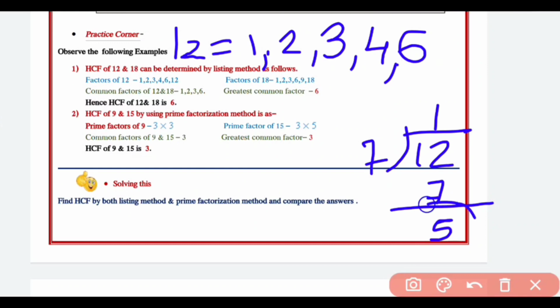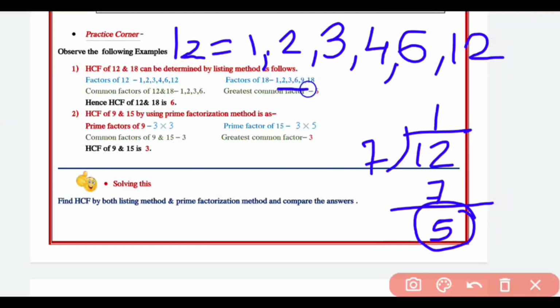So remainder is not 0, which means it is not completely divisible by 7. So 7 is not the factor. Same thing we can say about 8, 9, 10 and 11. They are not factors of 12. So directly 12 is the factor of 12. 12 ones are 12 and remainder is 0. So in this way, in listing method, you can list all the factors of 12.